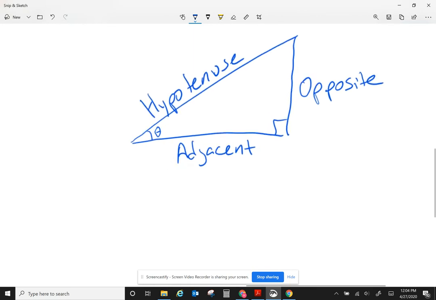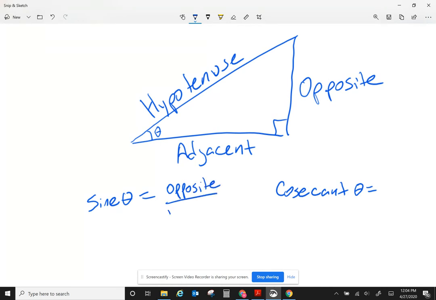We're going to learn two ratios. Ratio means basically a fraction. We're going to learn the ratio of sine of theta, and the ratio that we call cosecant of theta. The ratio of sine is opposite over hypotenuse.